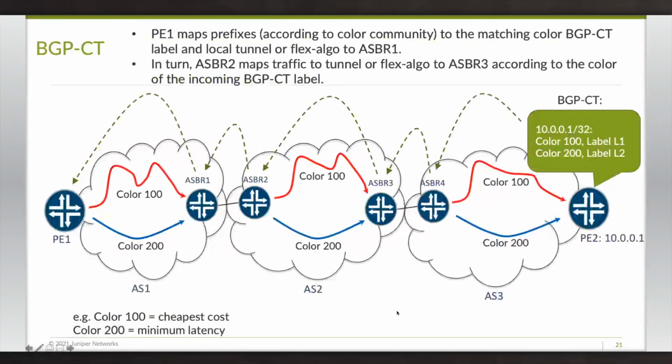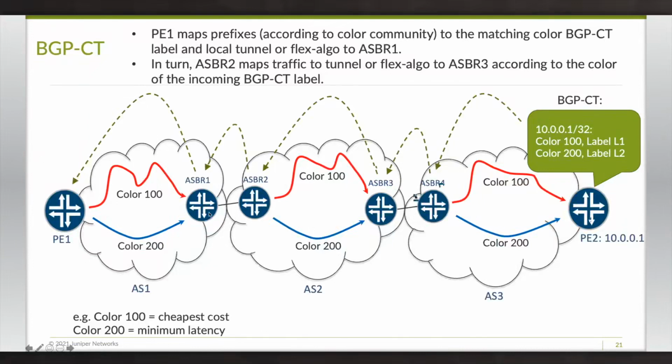So we can look at how this works. To give a concrete example, we've got these two different colors of transport in use. PE2, associated with its loopback address, will have two different labels, one corresponding to color 100, the other corresponding to color 200. Those percolate via BGP, as shown by those dashed green lines, hopping from ASBR to ASBR across the network.